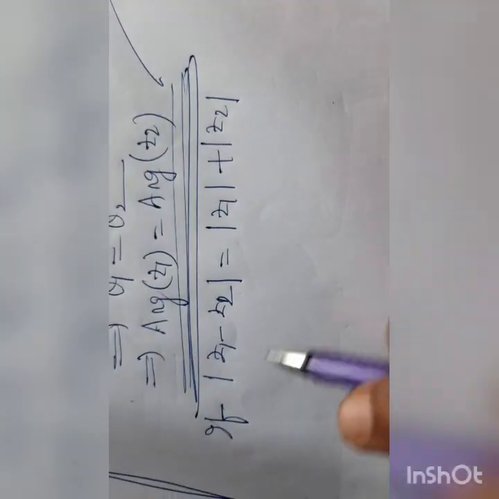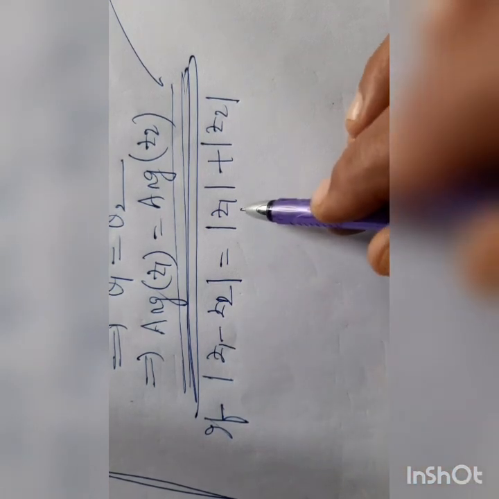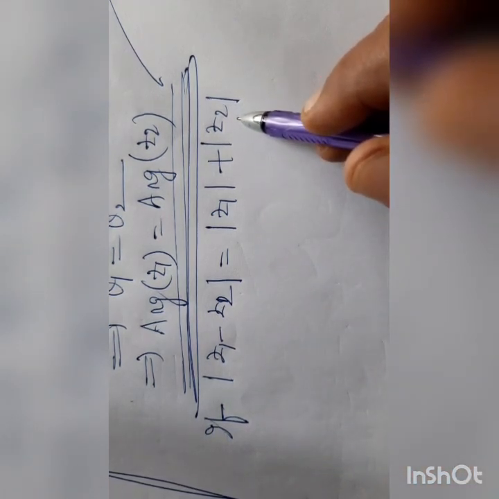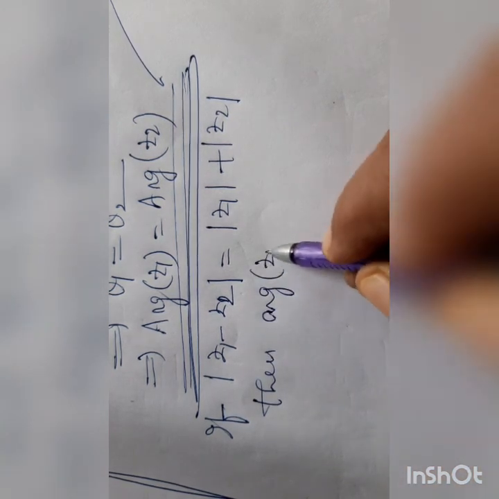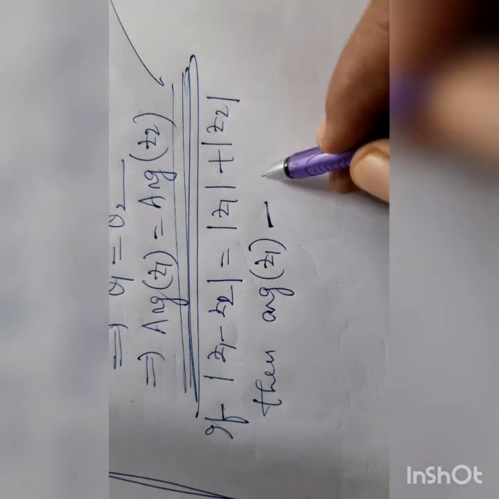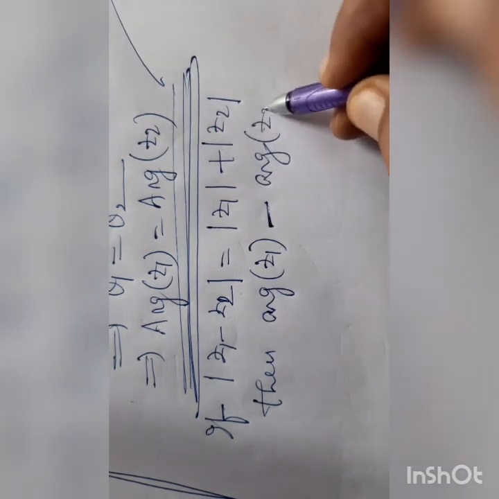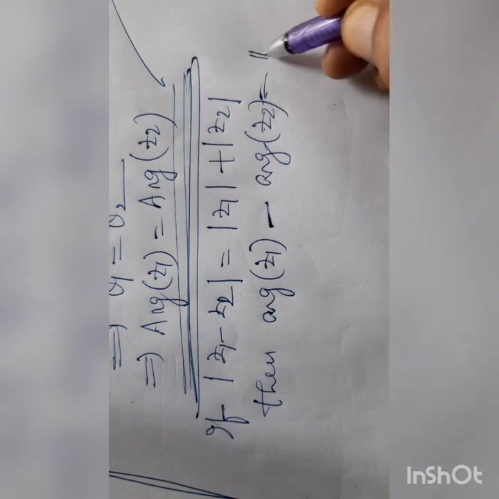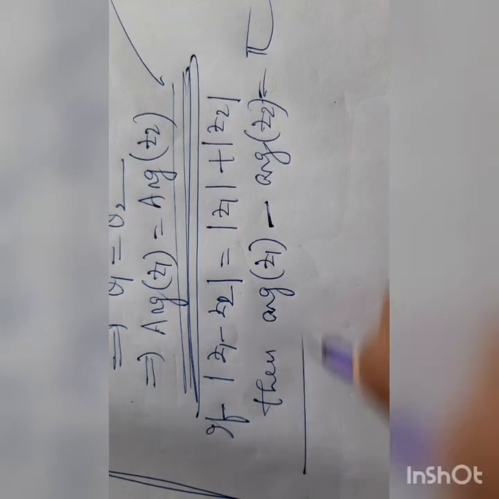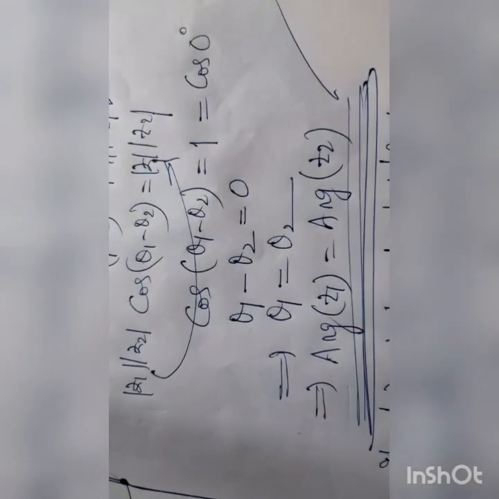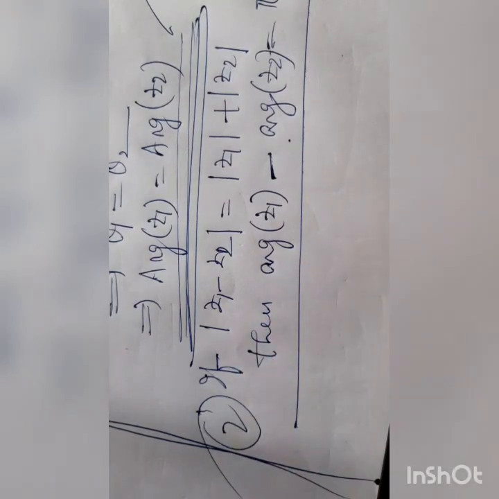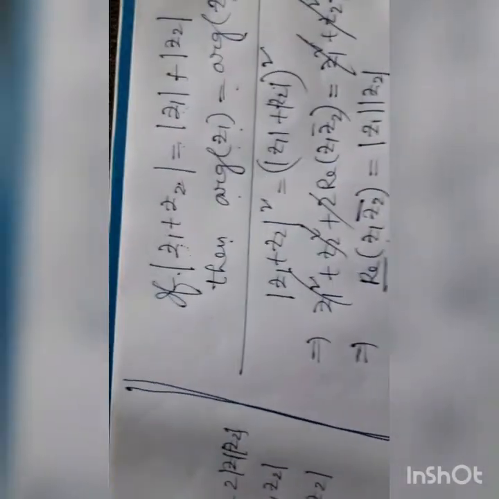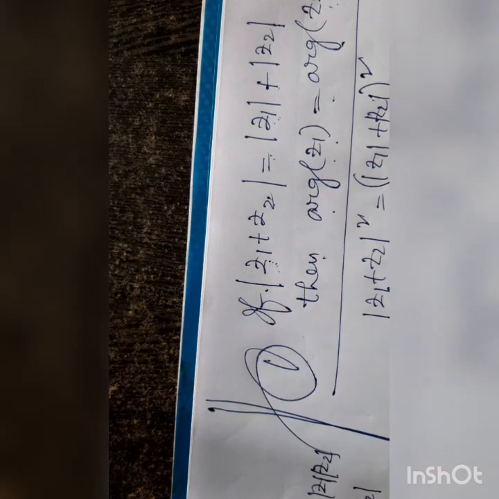Here, modulus Z1 minus Z2 equals modulus Z1 plus modulus Z2. Then arg of Z1 minus arg of Z2 equals pi. This is number 1, and this is number 2. You have to remember.